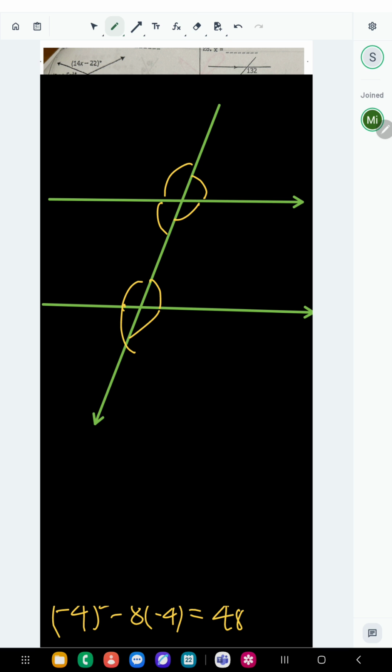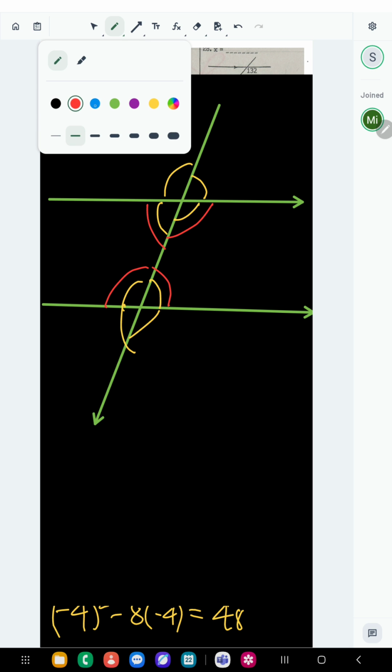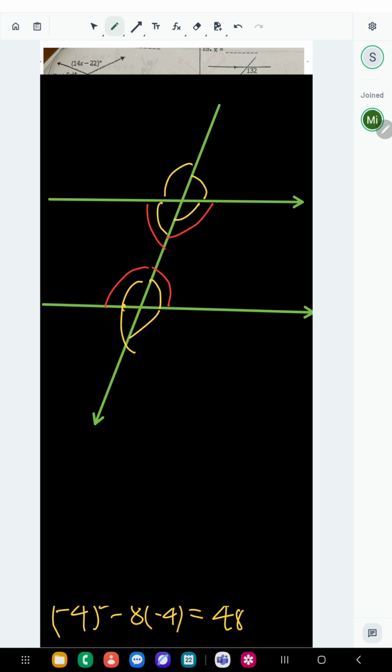And then we have alternate interior angles, and they are also equal. I'll mark them red. These are alternate interior angles. They are equal. And then we have alternate exterior angles, and they are also equal.